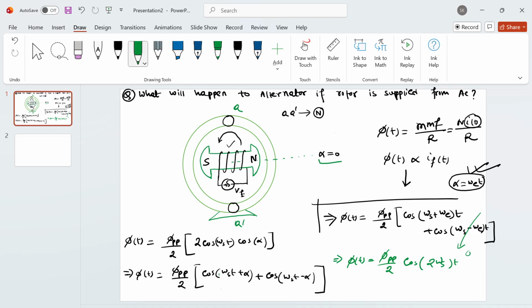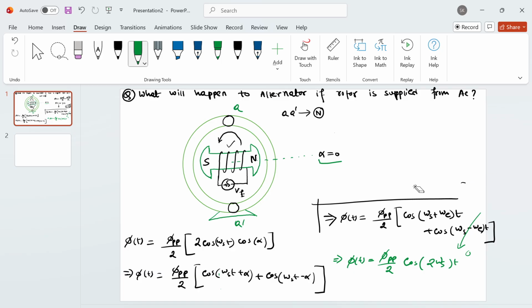Now you can calculate the induced EMF. Let me erase this here too. The induced EMF e of t equals N d by dt of flux per pole by 2 cos 2 omega_s t.